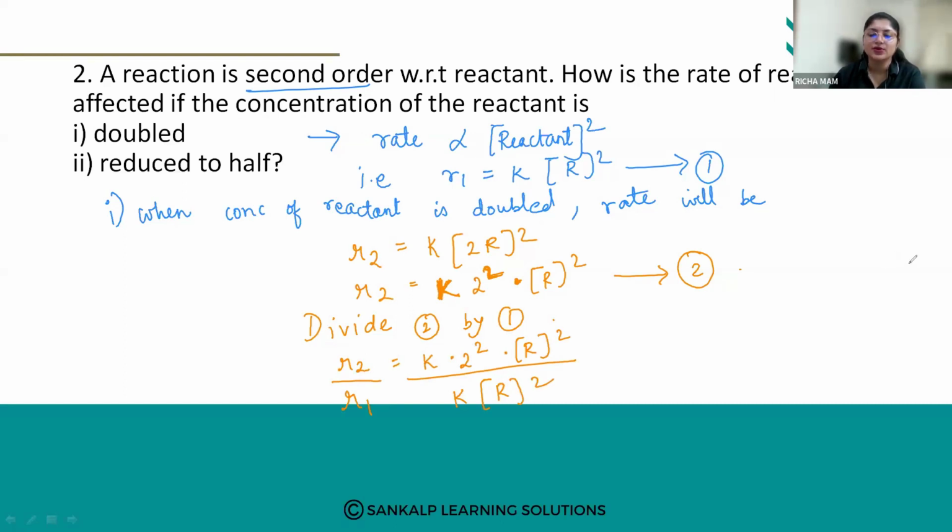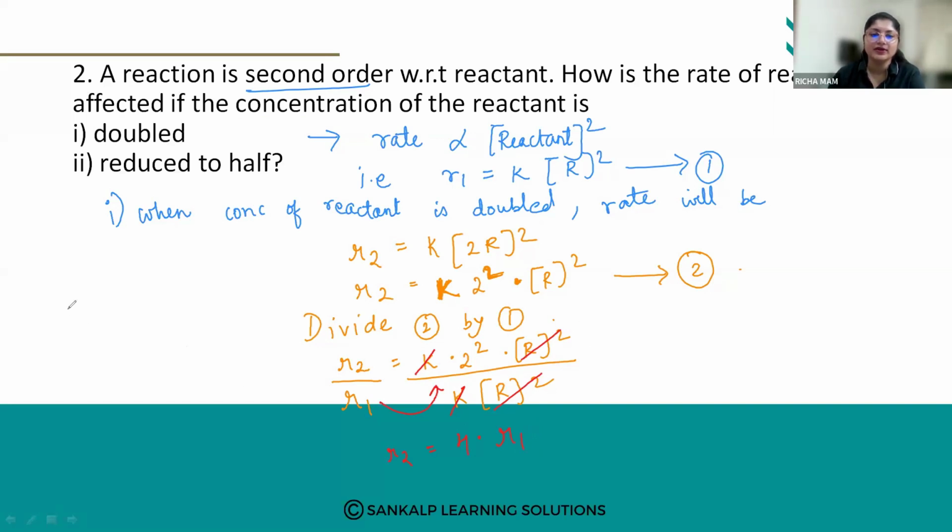Okay. So what all factors will get cancelled? K will get cancelled and R square will get cancelled. So R2 will be equal to 2 square, which is 4, into R1. So R2 is equal to 4 times R1.